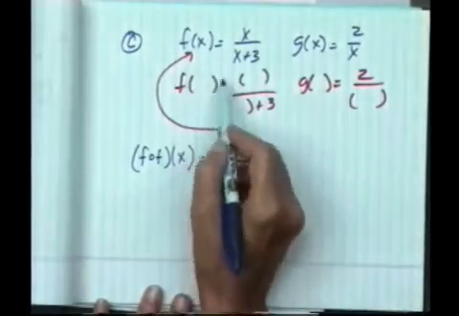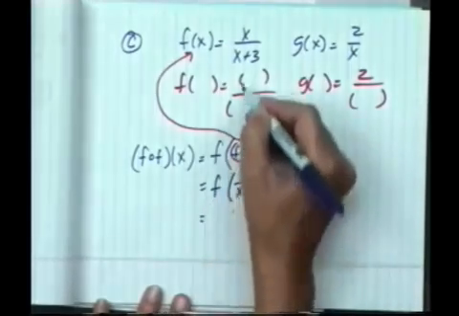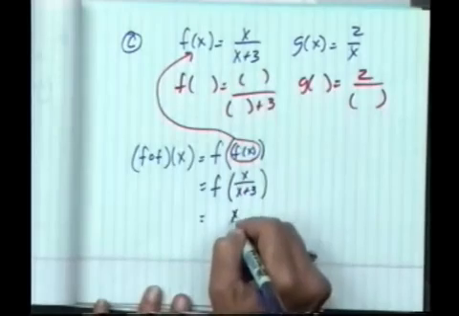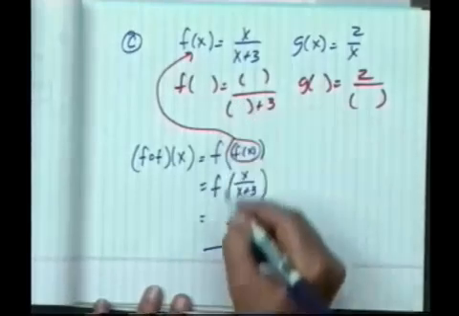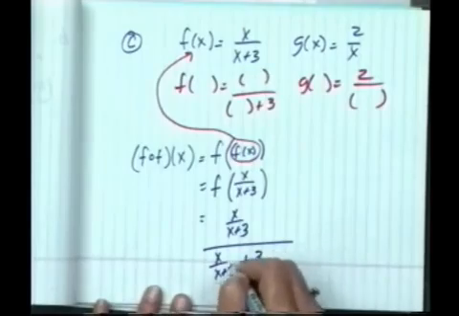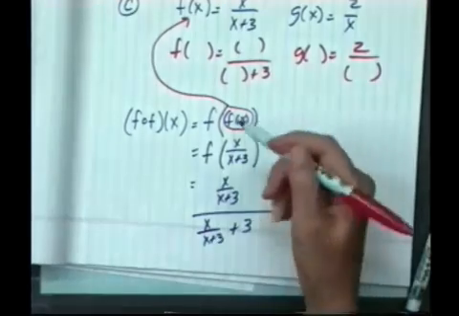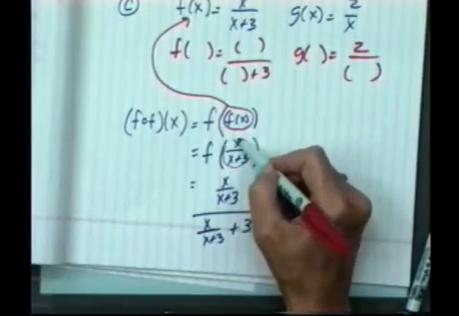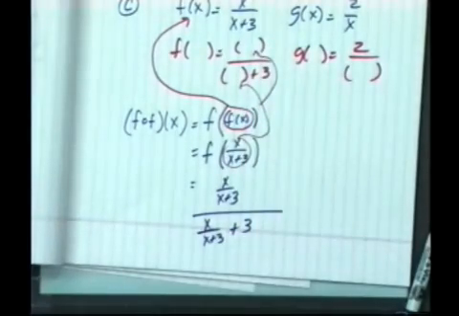So F evaluated at anything, and our anything is X over X plus 3, so in this first parentheses we'll have X over X plus 3 divided by, and we got another parenthesis, X over X plus 3, plus 3. All right? So this X over X plus 3 went inside those parentheses. Everybody see that?